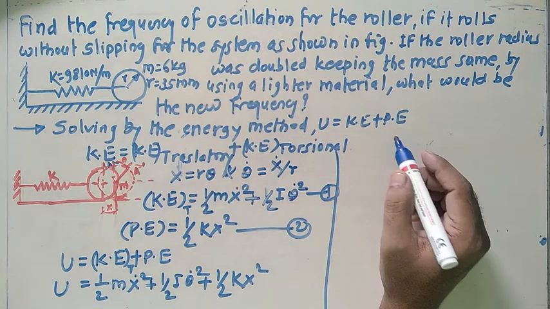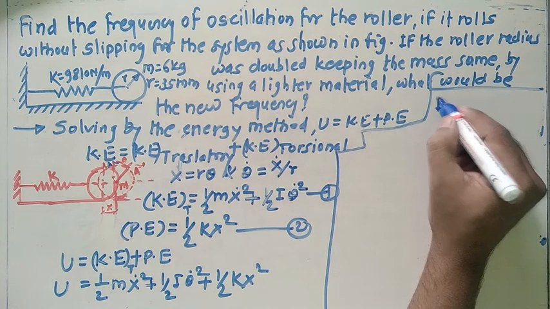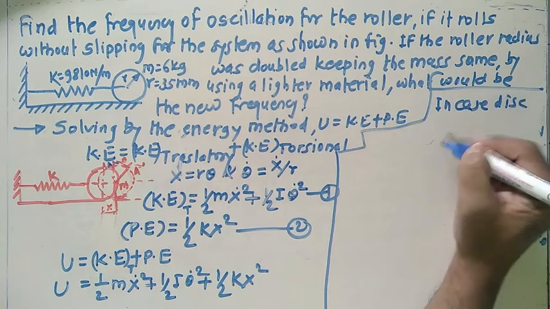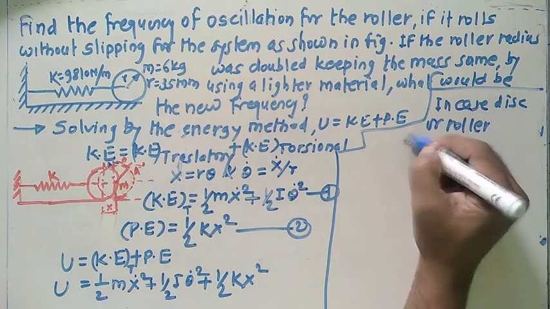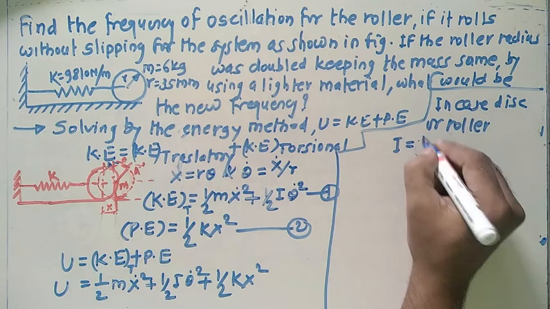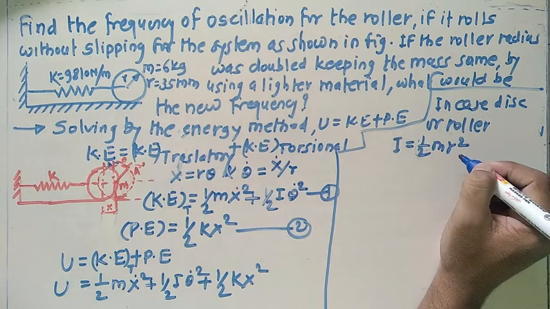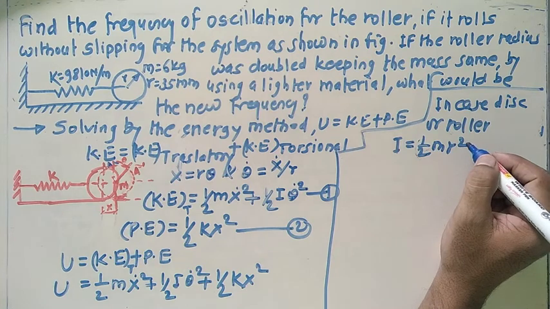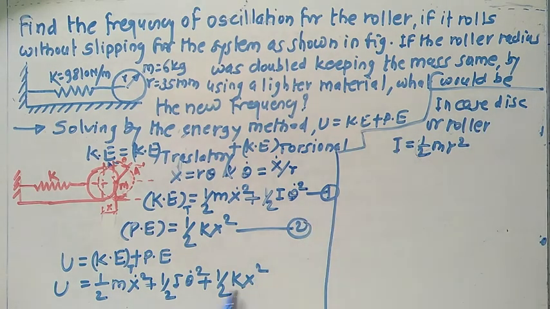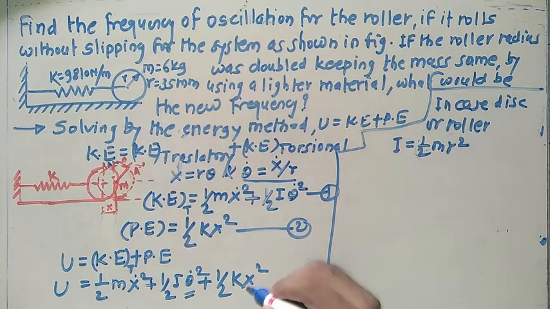In case of a disc or a roller, we know I is 1/2 m multiplied by its radius square. My target is to bring this equation into one variable. We already have the relation for theta dot, so modify equation number 3.